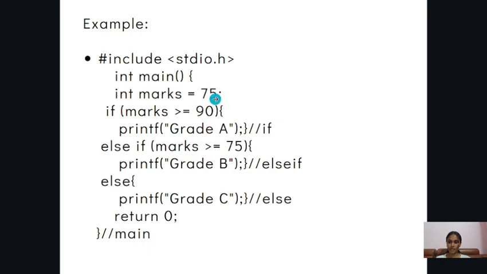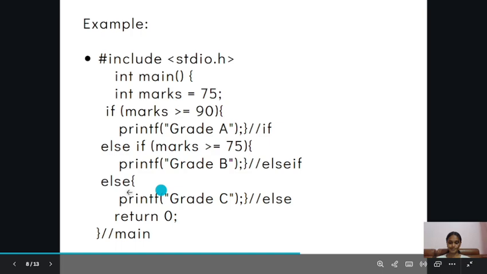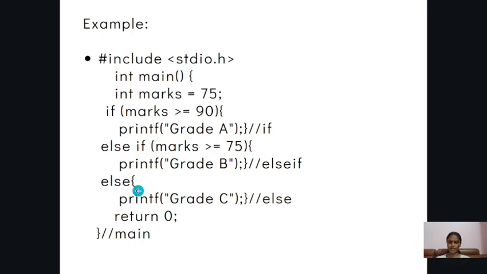So the else if block condition is true, so the else if statement block of the code will execute. So the output is grade B, and the next else block will be skipped.